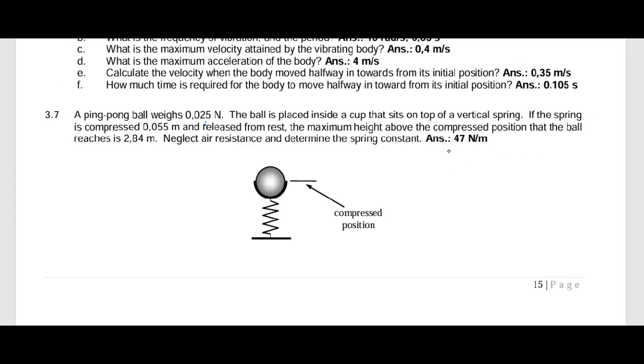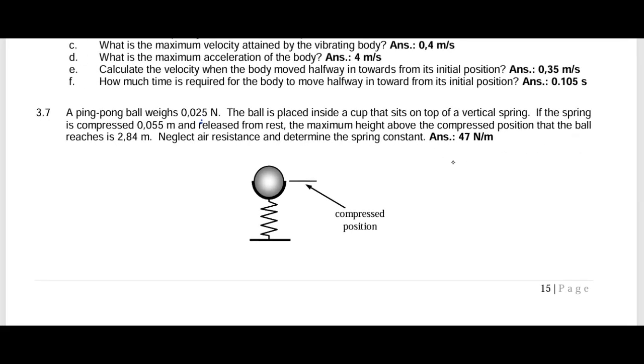So ignore the air resistance and determine the spring constant. So now we've been told that we should also determine the spring constant. As you know, the spring constant, we're likely to get it from the restoring force and also the displacement of the spring.